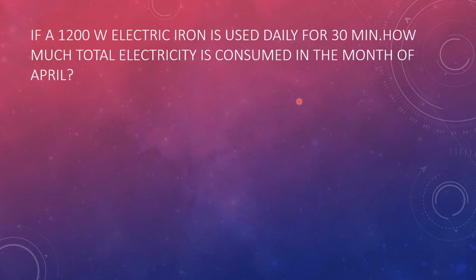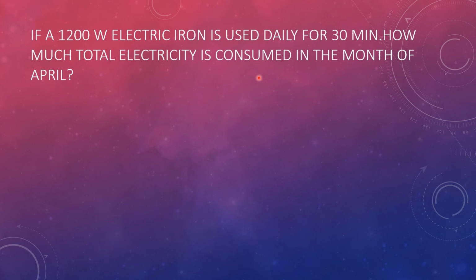Now next example. If a 1200 watt electric iron is used daily for 30 minutes, how much total electricity is consumed in the month of April? आता काय काय दिलेलं आहे? This is the month of April. It means that that month contains 30 days. Okay.